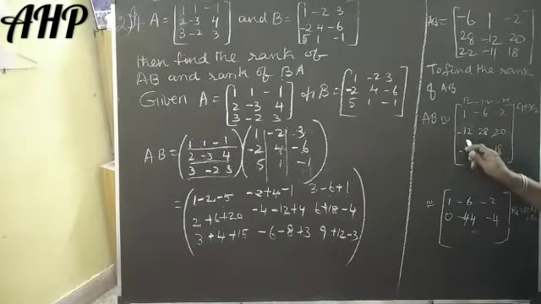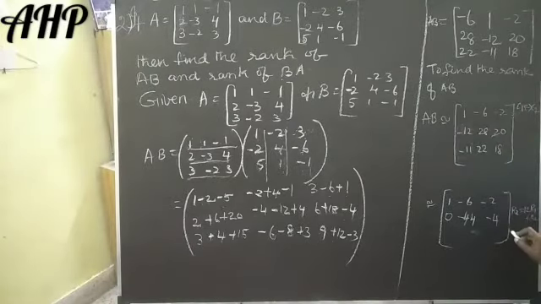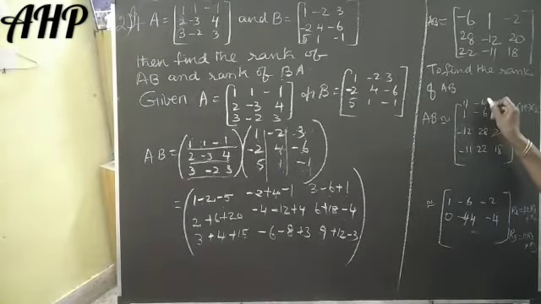Now to make this 11 get cancelled, we are supposed to multiply R3 is equal to 11 R1 plus R3. So multiply the first row by 11. Here we are going to get 11, minus 66, minus 22.